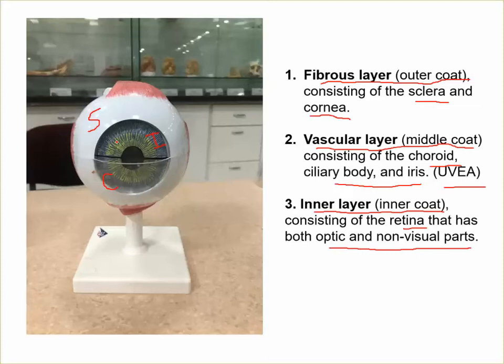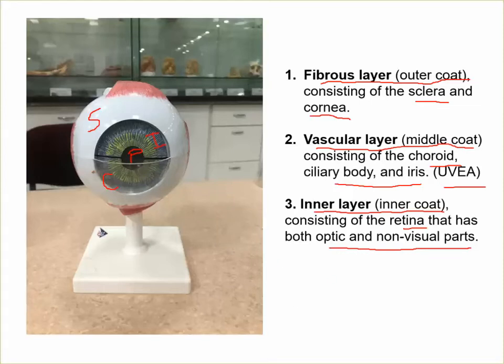The sphincter pupillae, or constrictor pupillae, is under parasympathetic control and is supplied by the third cranial nerve, the oculomotor nerve. It helps in constriction, whereas the dilator pupillae is under sympathetic control. The opening you see in the iris is called the pupil. This is the dark opening in the center of the iris.